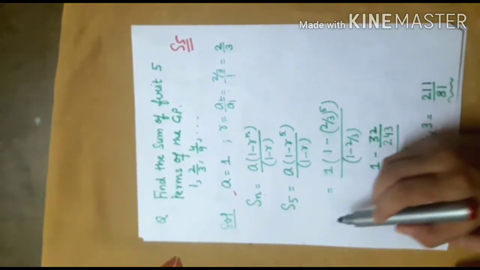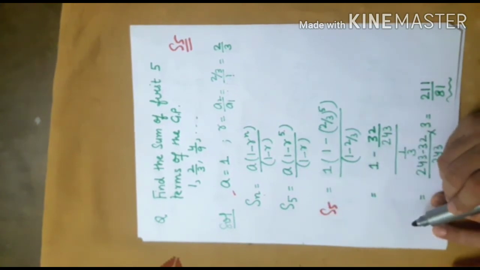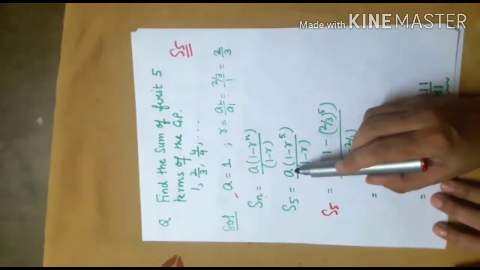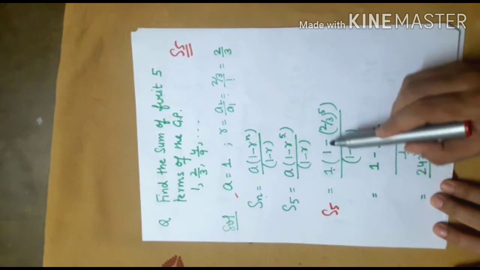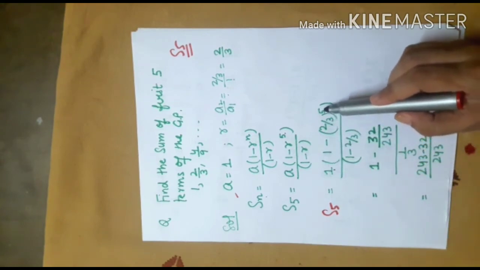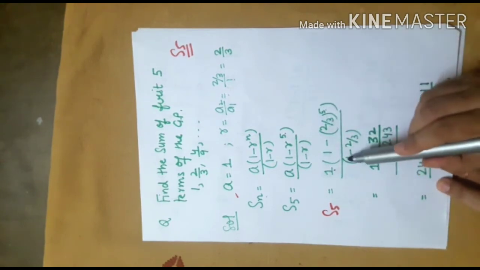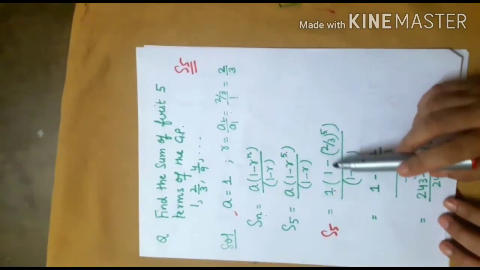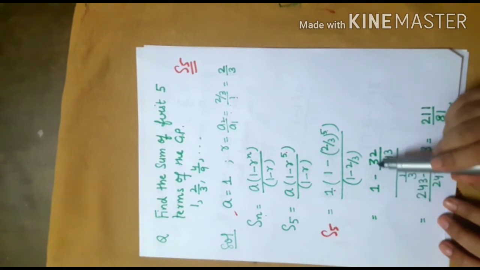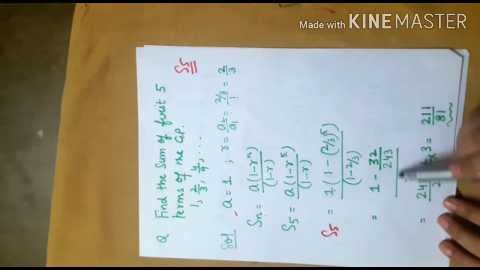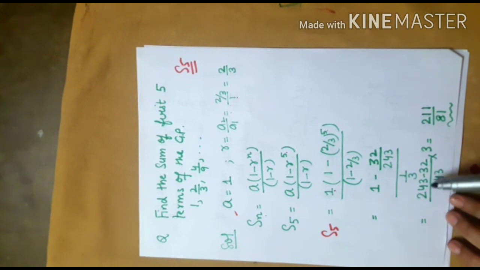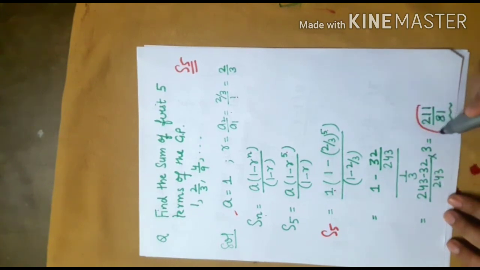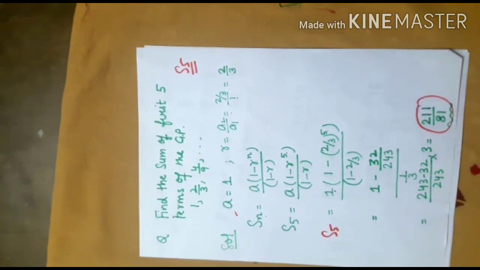So on substituting the values, S5 will be equal to a is 1 into 1 minus 2 by 3 raised to the power 5 over 1 minus 2 by 3. On simplifying, I'll get 1 minus 32 over 243 whole divided by 1 by 3, which will give you 211 over 81. So S5 is equal to 211 over 81.